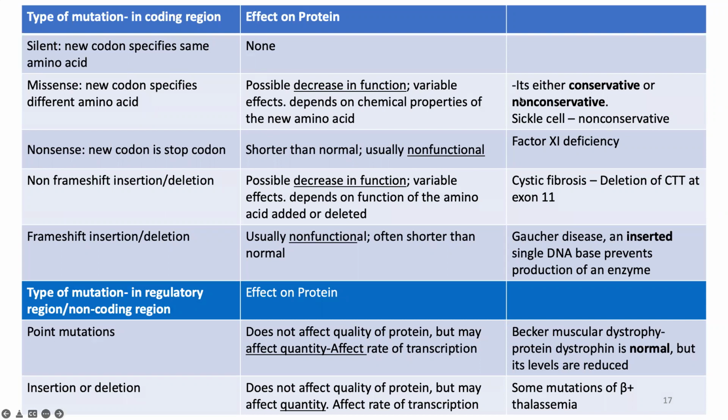We said sickle cell anemia is an example of non-conservative, but again, it's a decrease in function, with variable effects based on the chemical property of the new amino acid. And we also have nonsense, where the new codon is a stop codon. This is non-functional. Missense decreases function, but nonsense is non-functional, shorter than normal, like factor X deficiency. This is one of the genetic diseases.